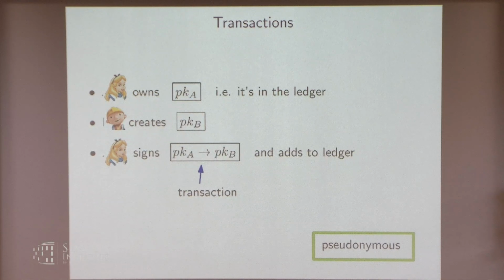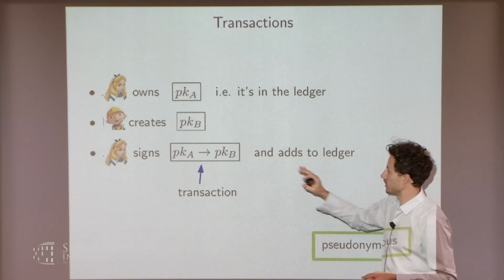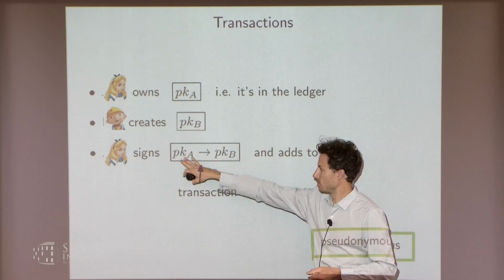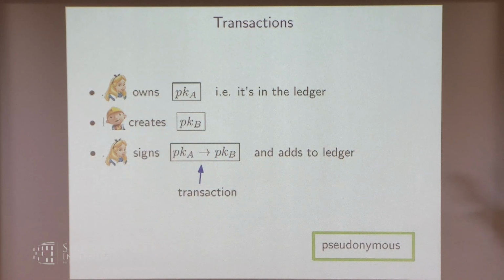If she wants to spend money to Bob, then Bob, let's say, creates his own public key, PKB, and Alice will then sign a transaction that says transfer the value from PKA to PKB. So now we've already got rid of identities. All there is left are public keys, and this is the notion of anonymity or pseudonymity that Bitcoin gives us.